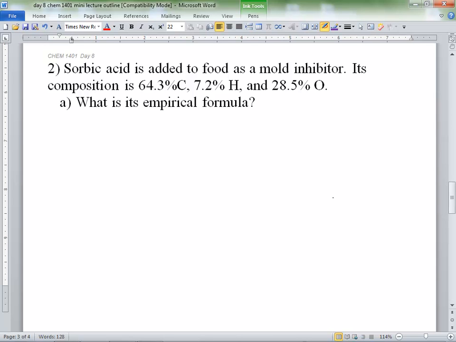So remember the steps. Get everything in grams. Convert the grams to moles. Divide through by the smallest. All right? One step at a time, but don't skip any of them.